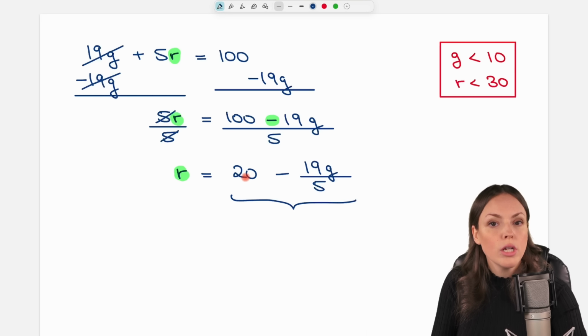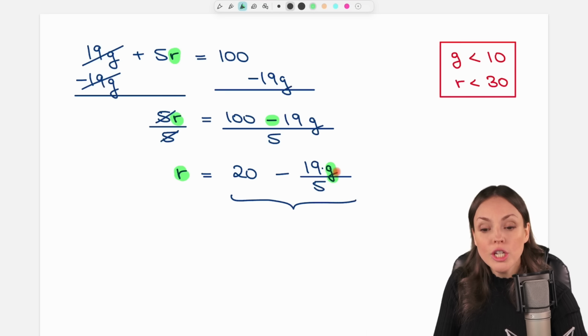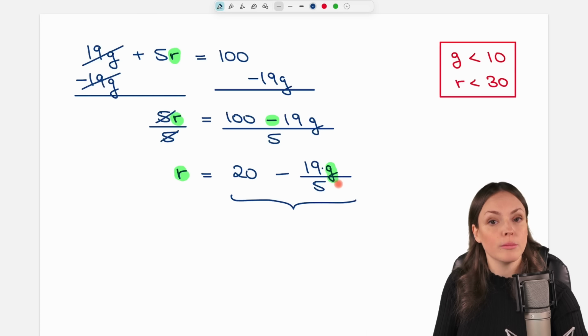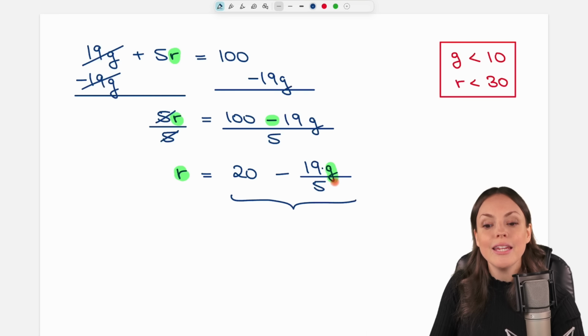The 20 is a whole number. This here is a fraction, and depending on the G, this could be a whole number or not. When is this fraction a whole number? When does this fraction disappear? If G is a multiple of 5.